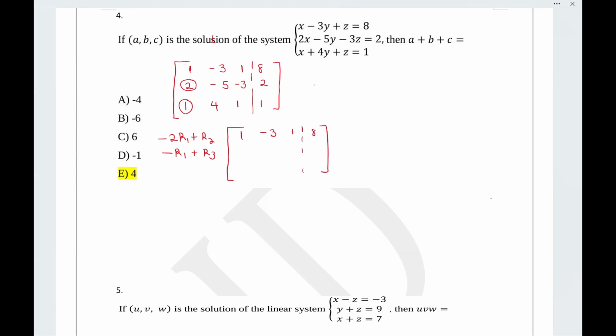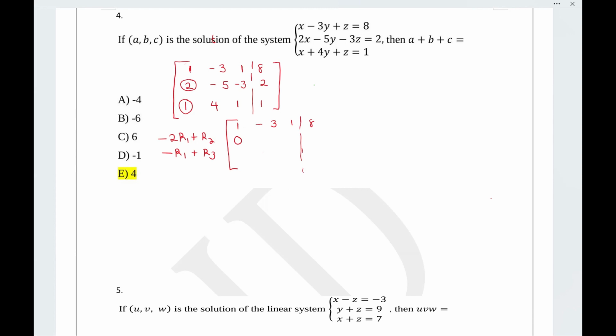So this is for R2. Let's go up a little, because R1 remains the same. So here, what do we have? This is going to be 0. -2R1 is -2 times -3, which is 6.